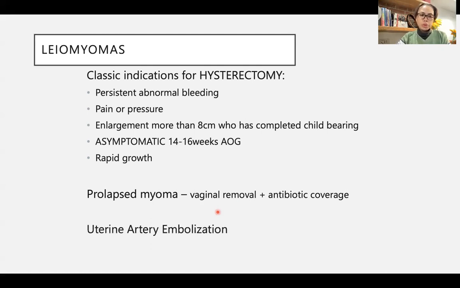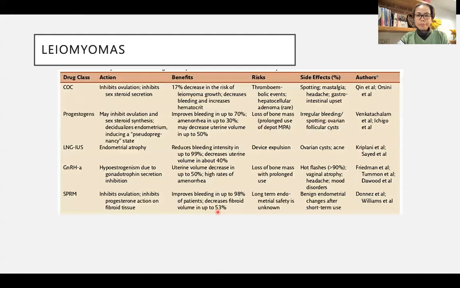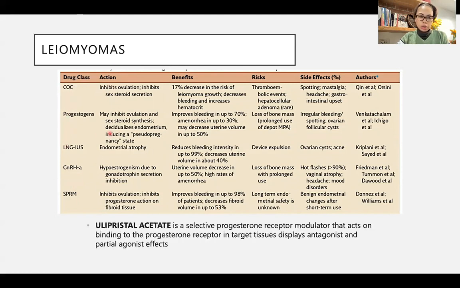We can also do uterine artery embolization. Apart from all those, we have options for medical management here. Worth mentioning will be ulipristal acetate.